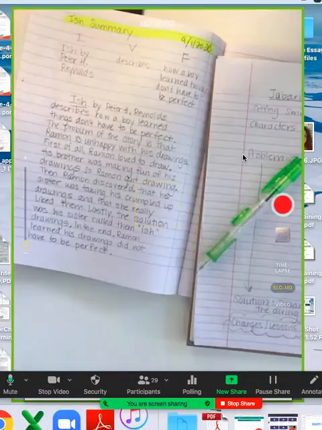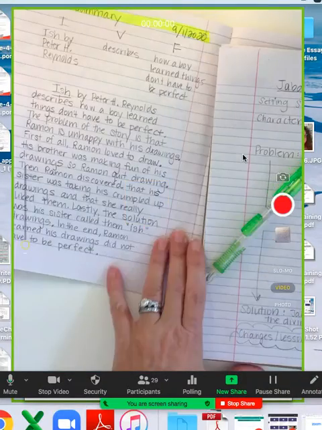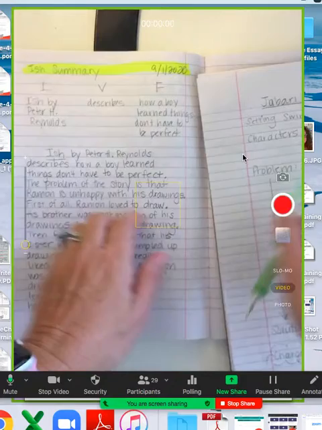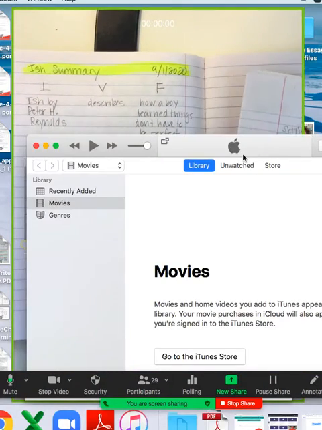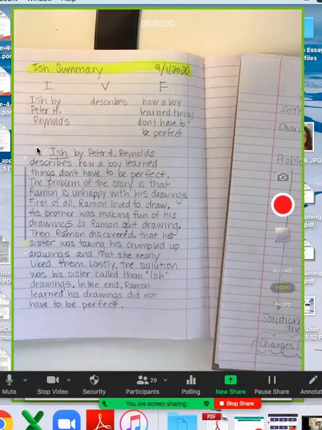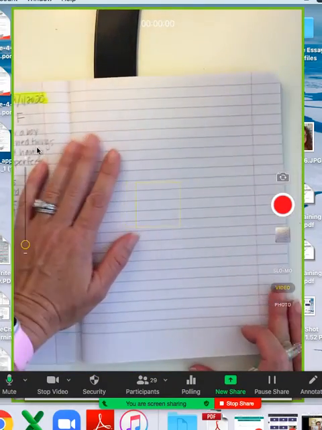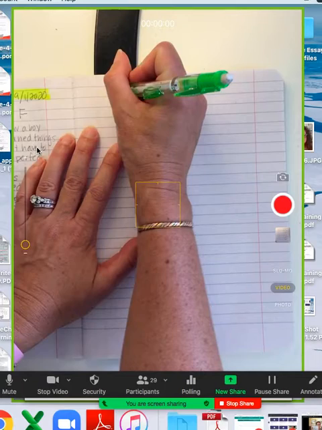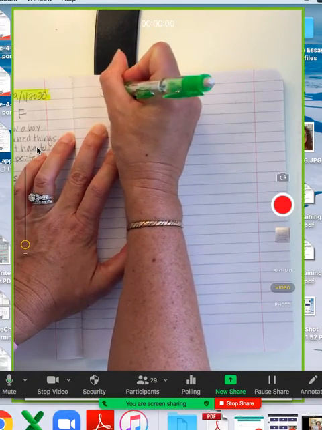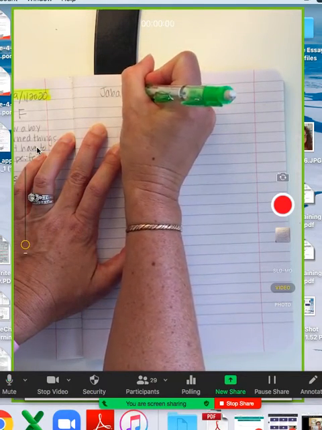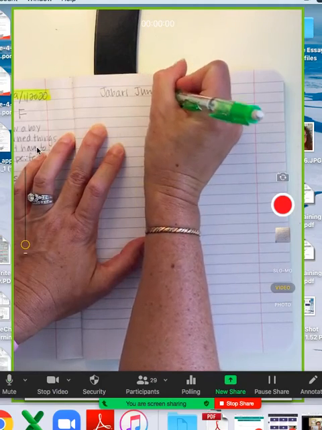Okay. So we are going to go through these steps for the book today. Topic sentence. So the topic sentence is the IVF. So we're going to do that for Jabari Jumps. So we're going to start with our IVF. And I'm going to split it out just like we did for our ish summary. So we're going to say Jabari Jumps.